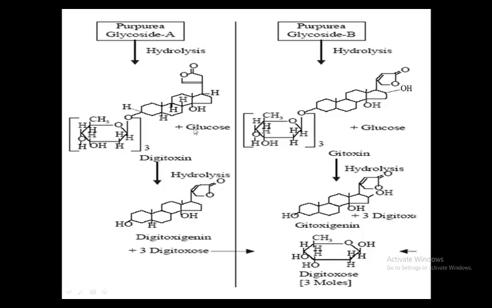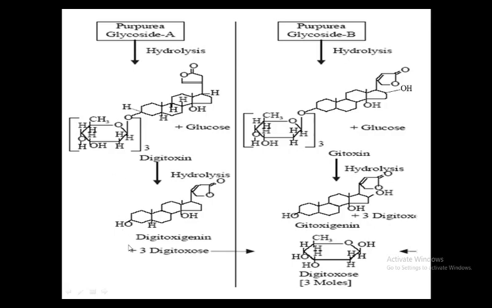Purpurea glycoside A contains 3 moles of digitoxose and 1 mole of glucose. In the first hydrolysis, the 1 glucose molecule separates out, and the remaining nucleus is known as digitoxin, which on further hydrolysis gives the aglycone, that is digitoxigenin, and 3 digitoxose molecules separate.